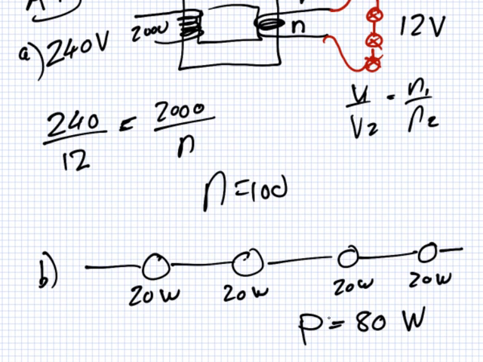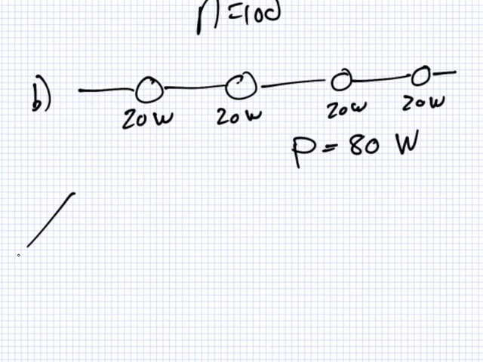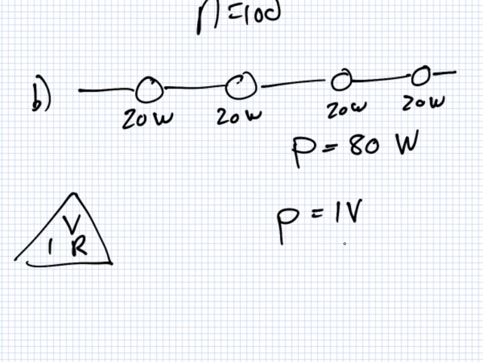Now, do you remember your triangle? You have VIR, and you have P equals IV as well. So we know the P, and we know the V as well. What's the voltage here?